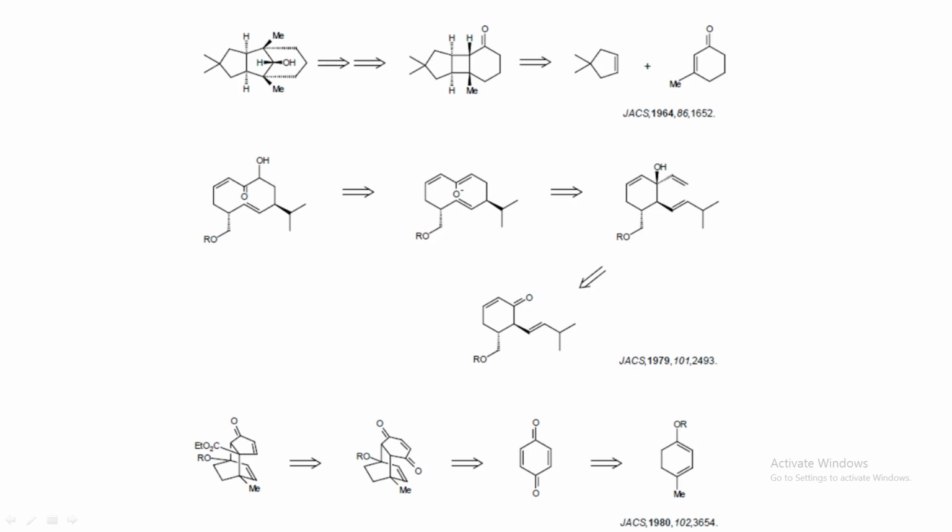So let's start with this. Here you can see we have a 5-5 fused system, followed by a 6-member ring also over here.